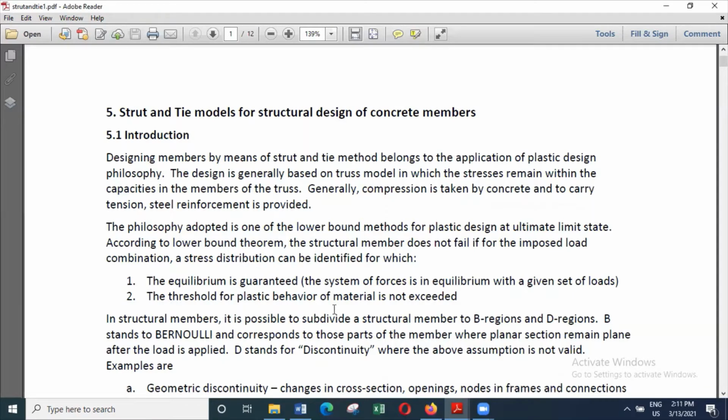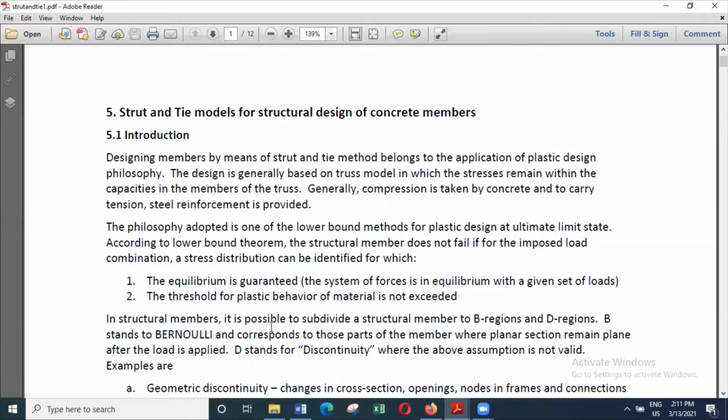So basically, if we can ensure that we have the structural materials behaving in the elastic region, and also we have found a system of loads in equilibrium with the support reactions, then we can design that material using the normal theories.